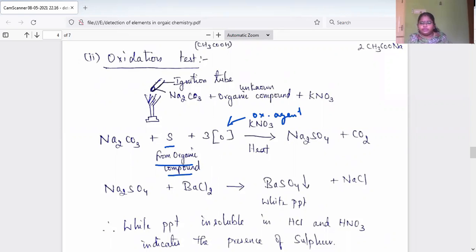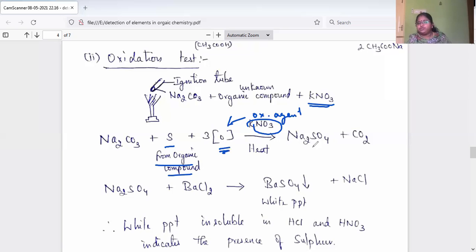So in the ignition tube, we have sodium carbonate, an unknown organic compound, and KNO3. That is why we have written oxygen over here.